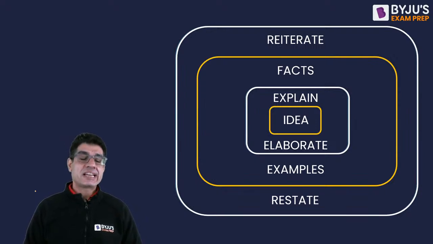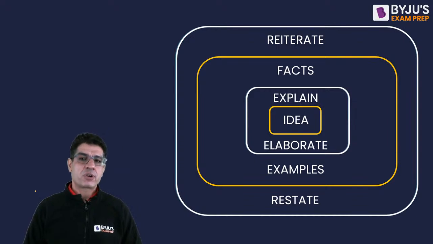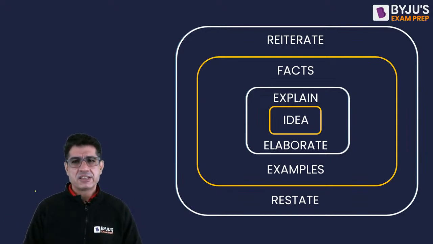Go through it sentence by sentence and then try to determine the role that every sentence plays in that process. Is it a new idea that has been introduced? Is this sentence explaining something that has already been mentioned or expanding upon it further, giving you some specific details? Does it give you some facts related to an idea? Examples, reiterations, restatements? That's it.